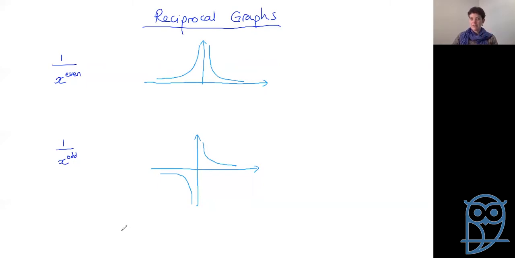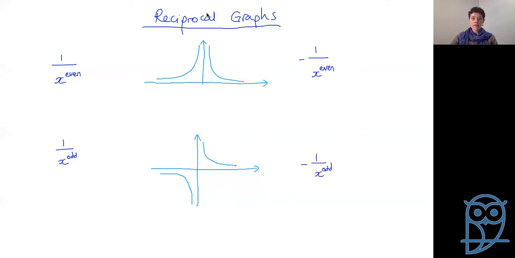We don't cross it. Now, when we get to functions and we get to play with shifting our graphs up and down and all over the place, then we can cross that axis. But our general plain graph doesn't cross the axis. So if we flip this around again, we considered plus and minus on the last one. So minus 1 over x to the even and minus 1 over x to the odd.